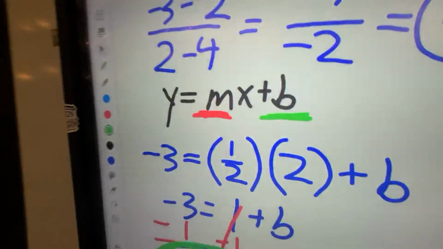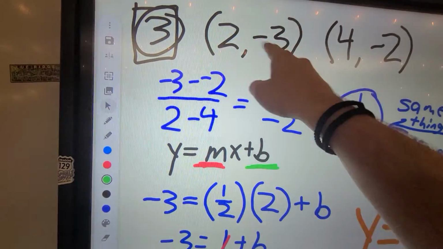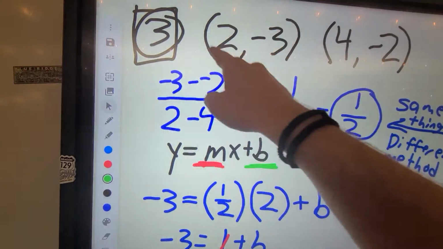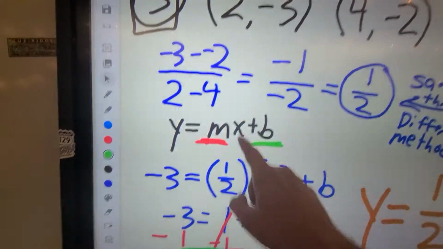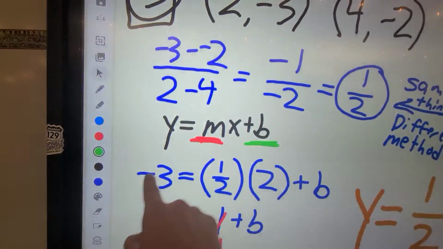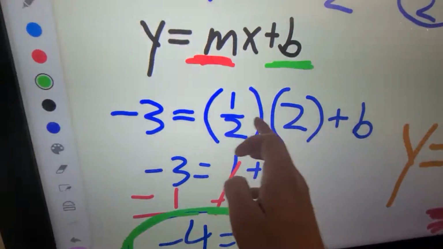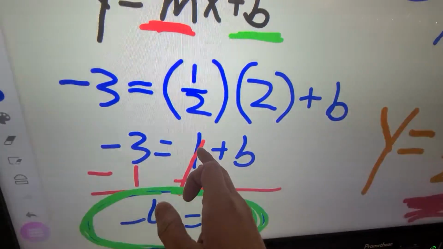When I plug in my slope, 1 over 2, I'm going to, once again, just use this first coordinate because these numbers are smaller. And my x value goes here, y value goes here, and my slope goes here. I'll solve it by doing 1/2 times 2, which gives me 1.